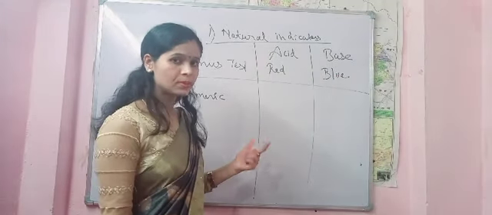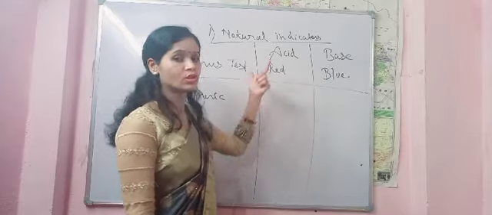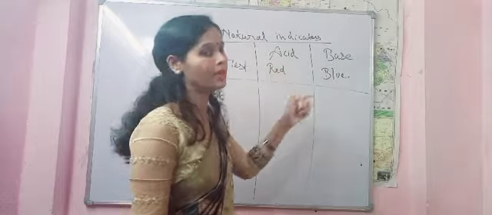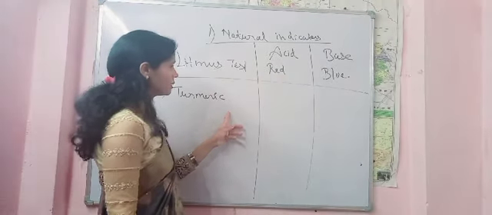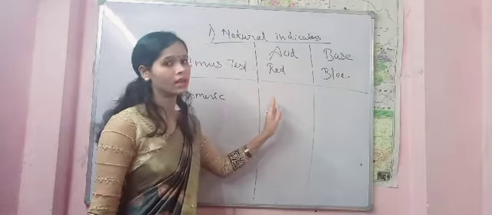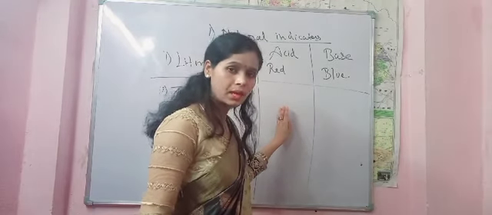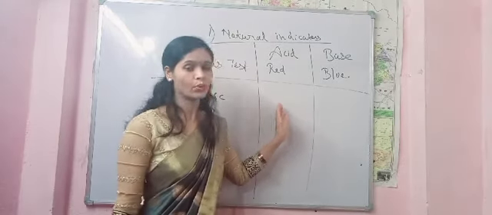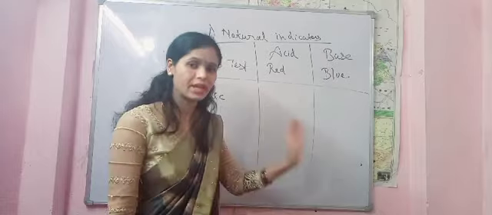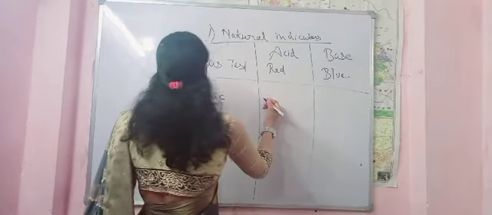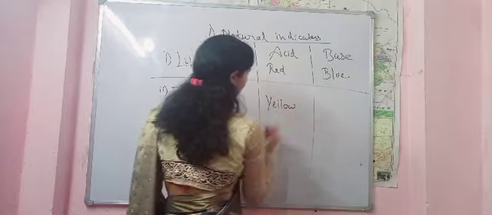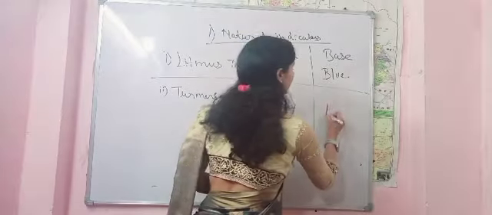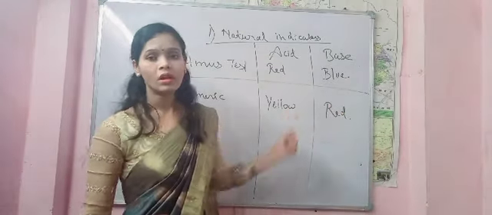Litmus paper turns red if the solution is acidic, and blue if the solution is basic. Similarly, the color of turmeric remains the same when the solution is acidic, whereas it changes to red when the solution is basic. It remains yellow here, since turmeric is somewhat yellow, but it changes to red when the solution is basic.